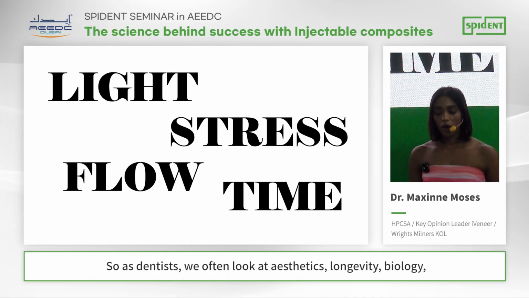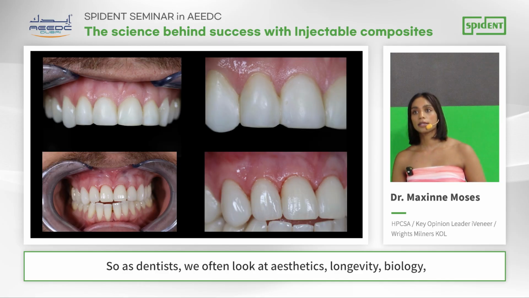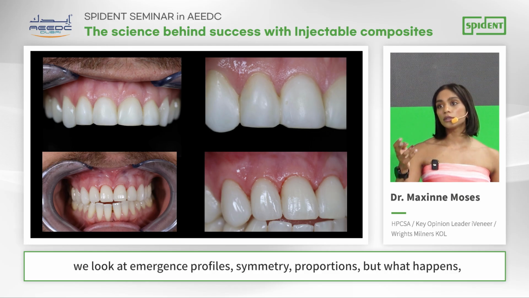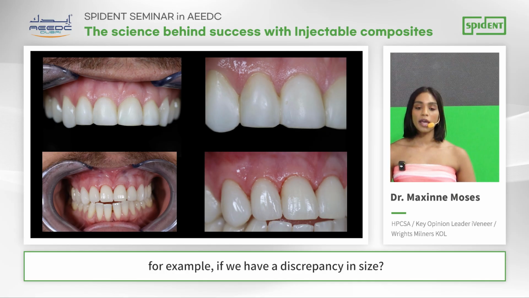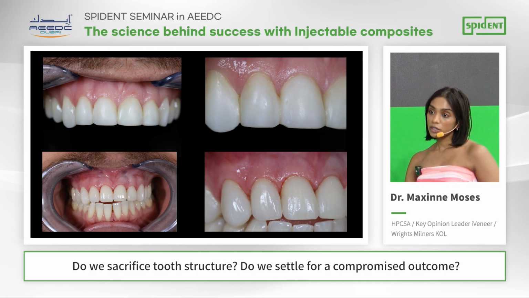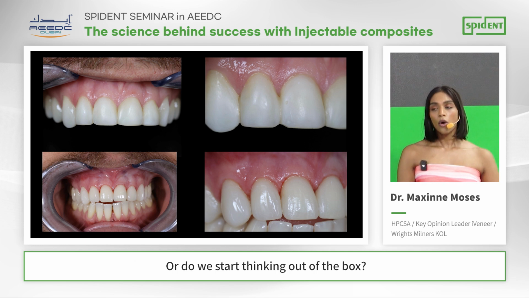So as dentists, we often look at aesthetics, longevity, the biology, we look at emergence profiles, symmetry, proportions. But what happens, for example, if we have a discrepancy in size? Do we sacrifice tooth structure? Do we settle for a compromised outcome?